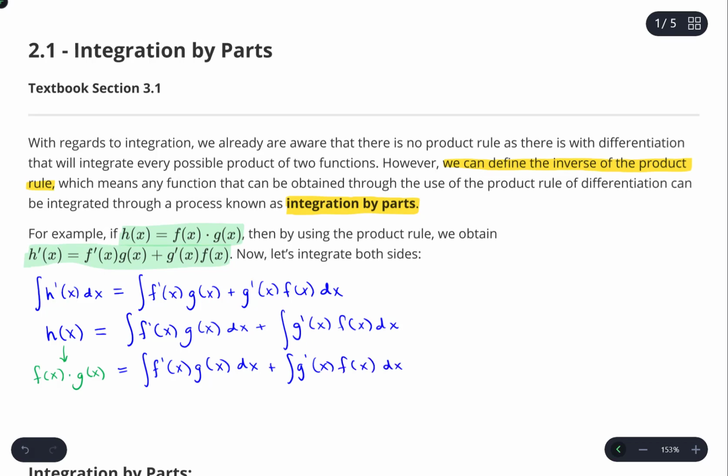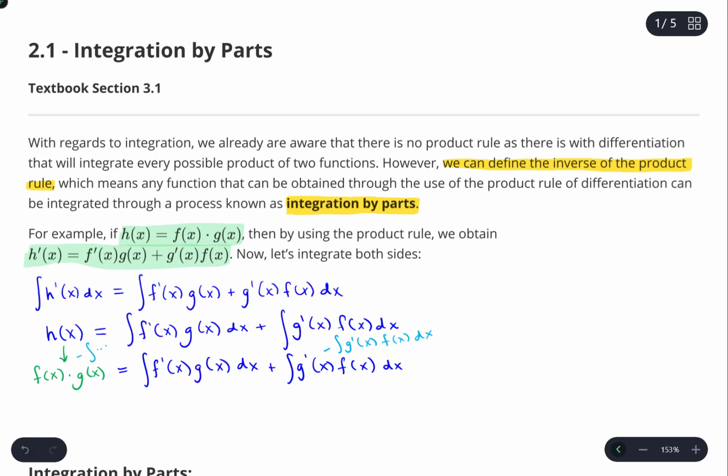Now, I'm going to rearrange some things. So for instance, if I subtract this integral from both sides, so g prime of x f of x dx, and I subtract it over here.